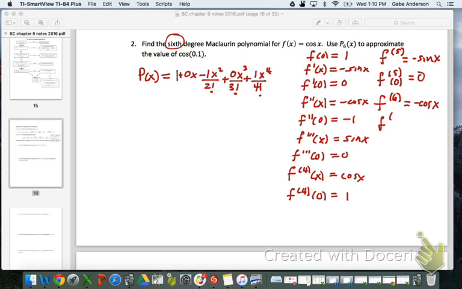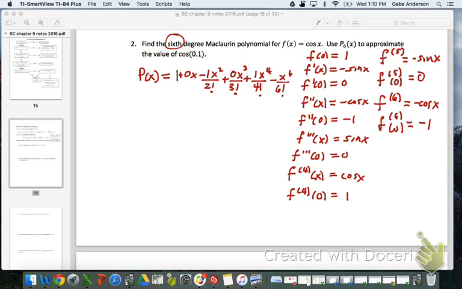So the sixth derivative at 0 is equal to negative 1. So that would be minus x to the 6th over 6 factorial. And so that right there is an approximation for cosine using a 6th degree Maclaurin polynomial.